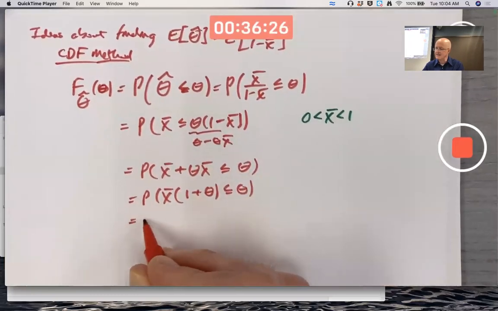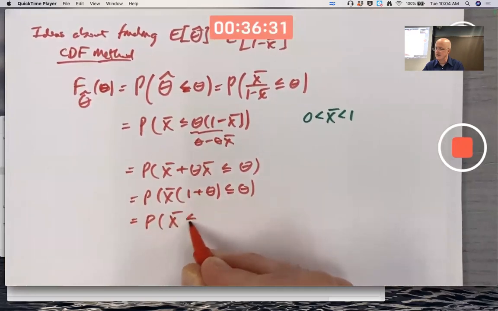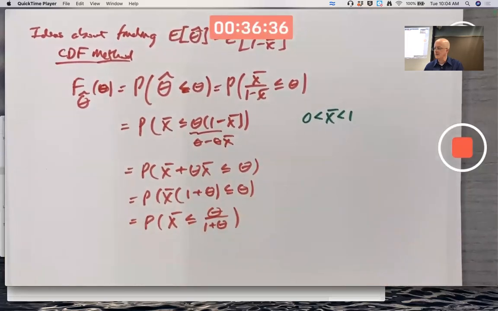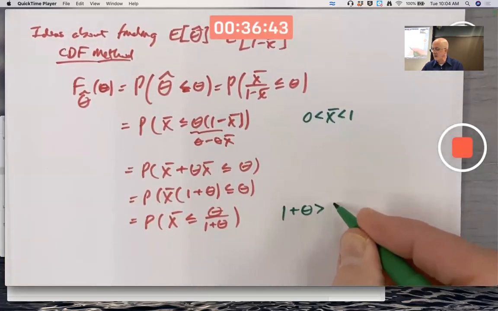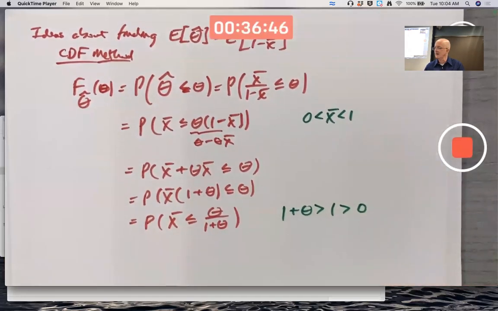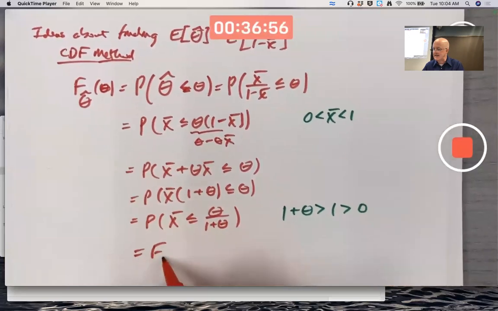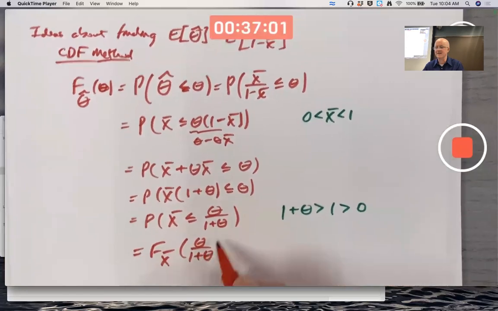Then divide both sides by 1 plus theta, which is also positive, so it doesn't change the direction of the inequality. One plus theta is bigger than 1, which is positive, since theta is bigger than 0. That's good because that's going to relate to the CDF of X bar. Plug in theta over 1 plus theta.